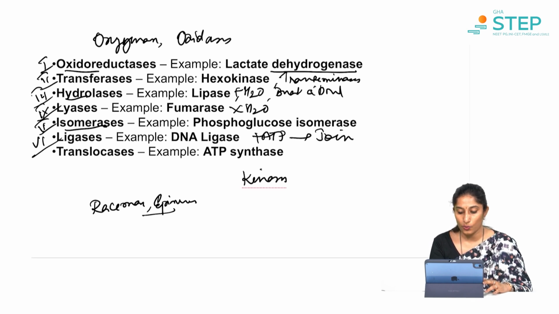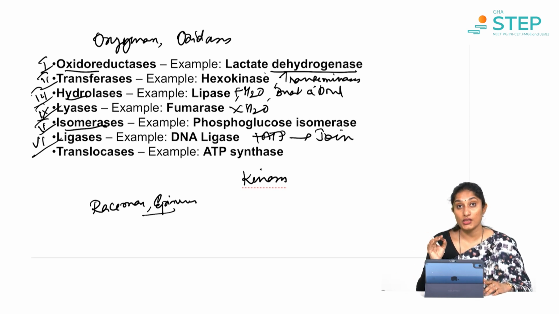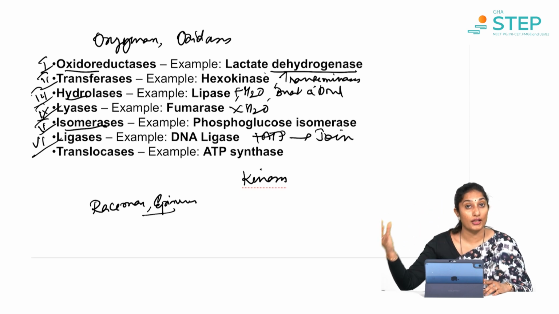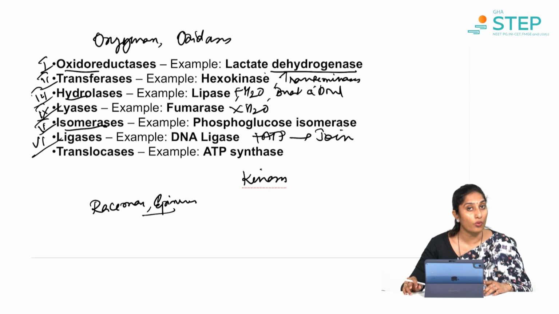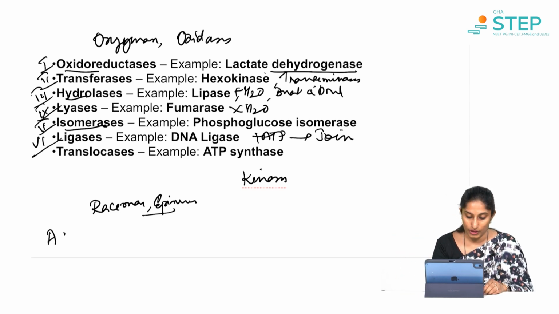If you ask why hexokinase is not a ligase: in hexokinase, a group is transferred to the glucose or a hexose and you get a hexose 6-phosphate or glucose 6-phosphate. In a ligase, two groups are added, for example acetyl-CoA carboxylase.